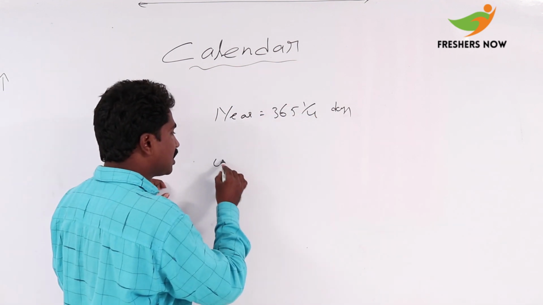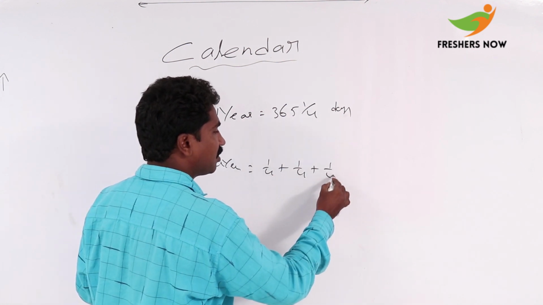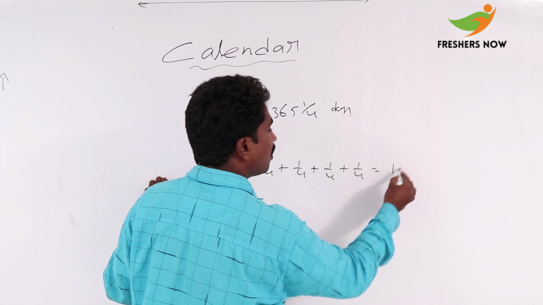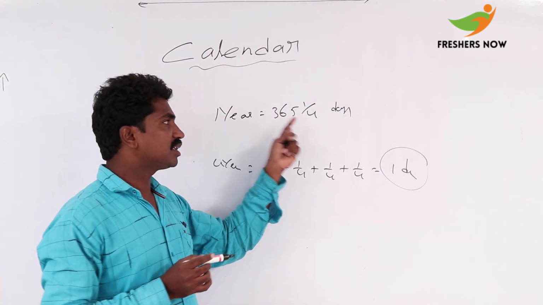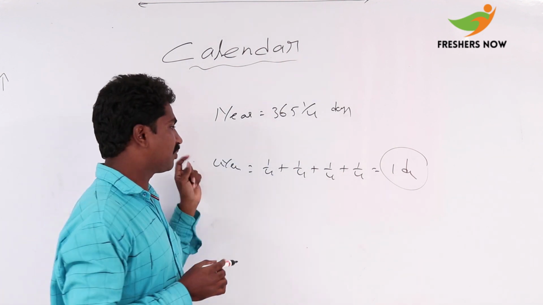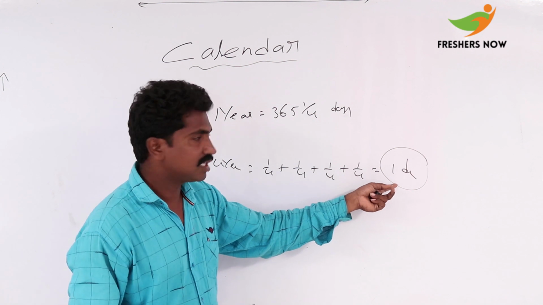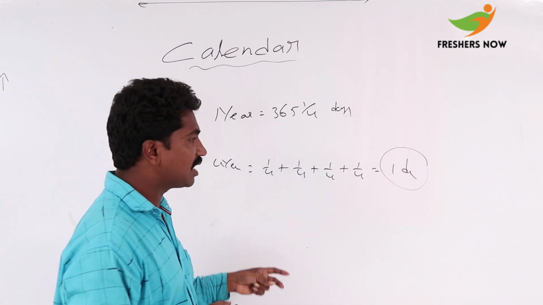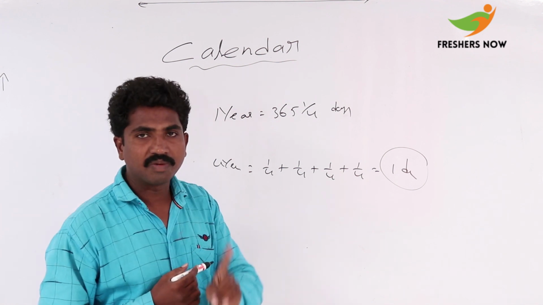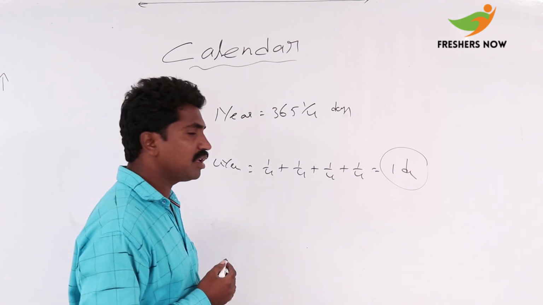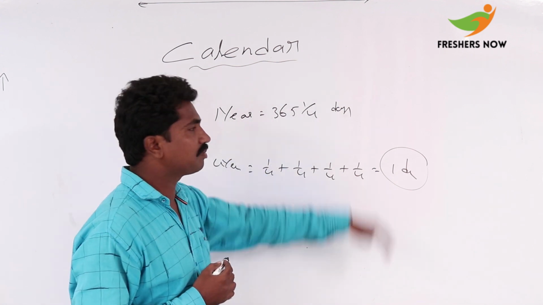For 4 years, 1 by 4 plus 1 by 4 plus 1 by 4 plus 1 by 4, so that is 1 day extra. For every 4 years, 1 day extra. That is the leap year. That's why we are adding that 1 day in the month of February. We say February 29 for leap year and February 28 for non-leap year. Why? Because for 1 year it is 365 and 1 by 4 days.